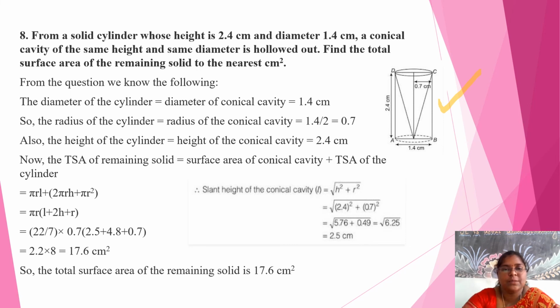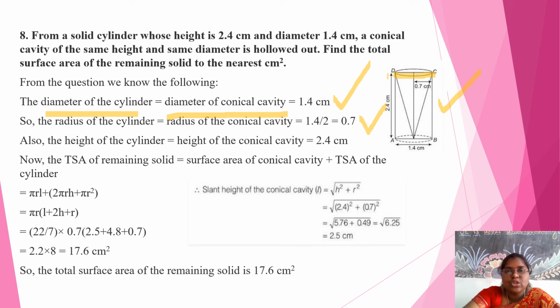So now listen, the diameter of the cylinder will obviously be equal to the diameter of the conical cavity. Both diameters will be equal, which is 1.4 centimeter. So if the diameter is equal, the radius will also be equal. 1.4 divided by 2, you will get 0.7.